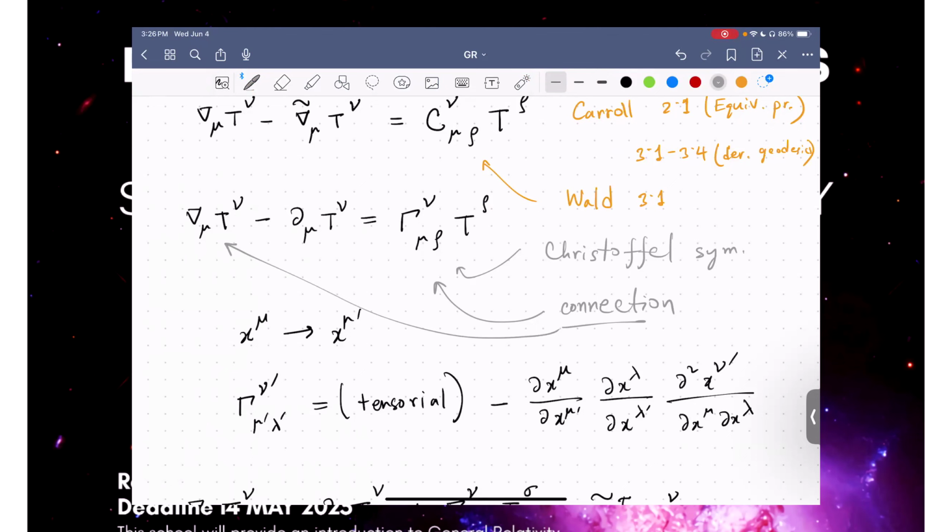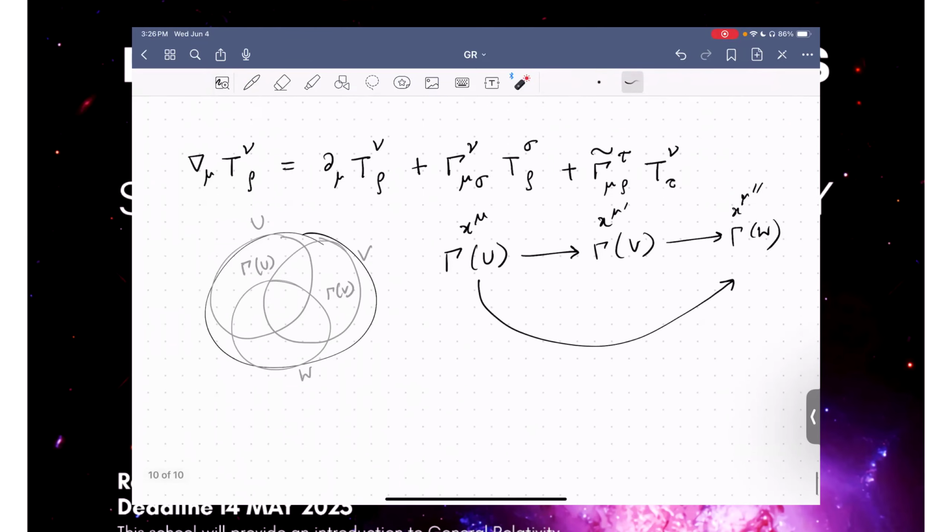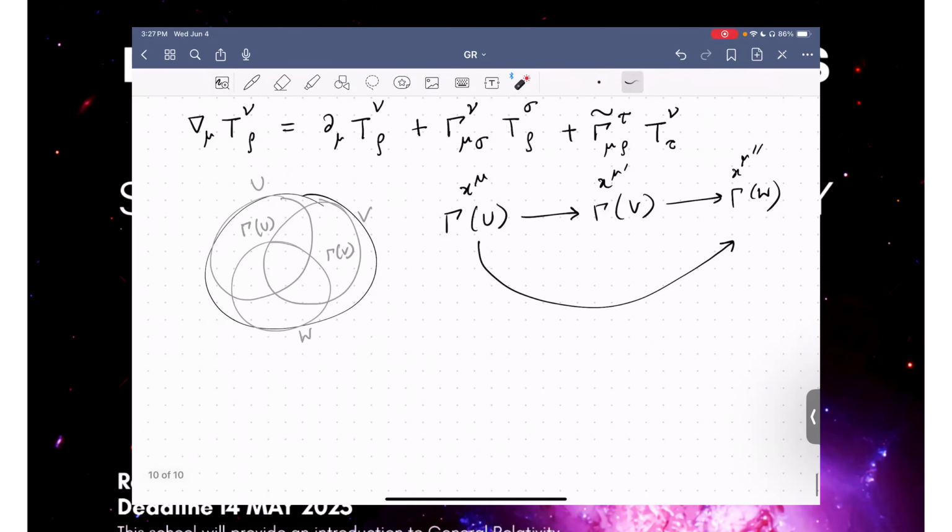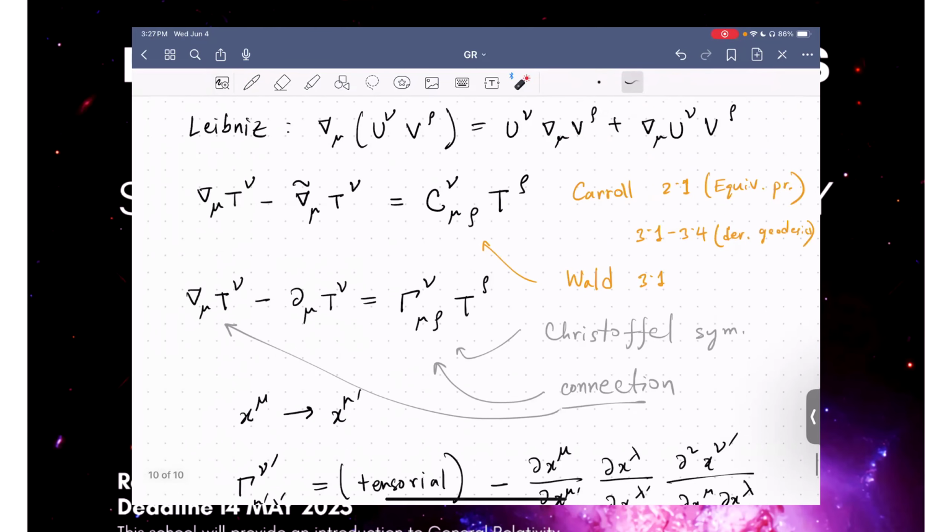This is a slight abuse of notation. People use the word connection to refer to both the Christoffel symbol and to the full covariant derivative. Okay, hopefully it will be clear from the context which one is being used. Okay, and they're basically equivalent, right? Because if you know this, you know this, and if you know this, then you know this, because this is always fixed to be the partial derivative.